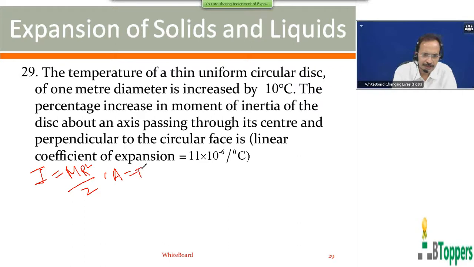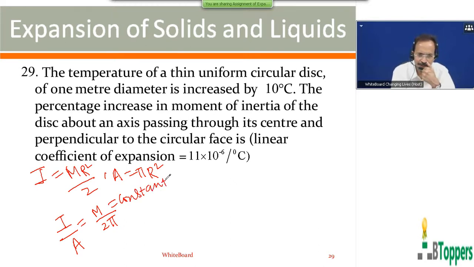The surface area of the circular disc is given by pi r square. Therefore, if you write I by A, you get m by 2 pi, which is a constant, which does not vary with the temperature.